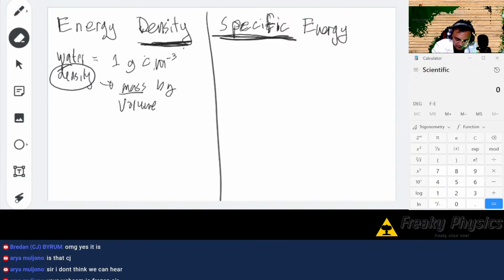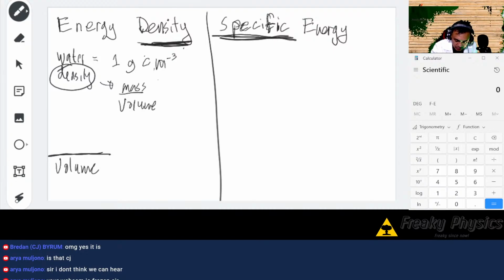The idea of energy density is the same, but instead of mass, we're still gonna divide by volume. So what are we dividing by volume?